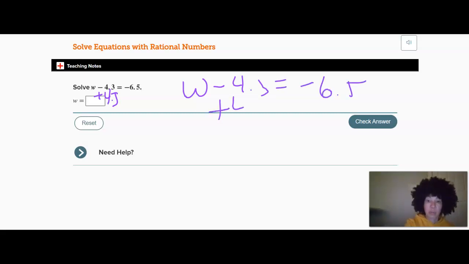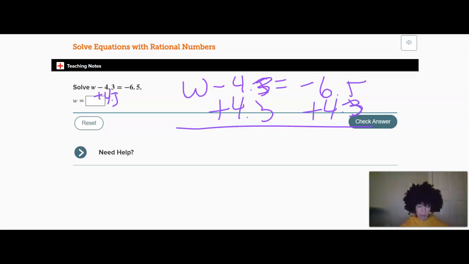The same way we would add if it wasn't a decimal, you do the exact same thing with decimals and fractions. You solve the equations the exact same way. You just have decimals and fractions that you work with here.